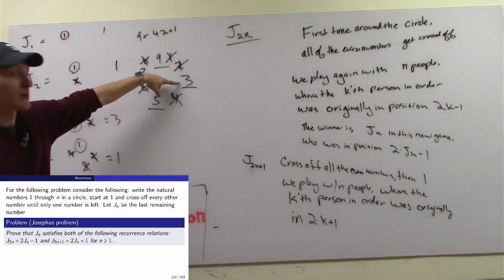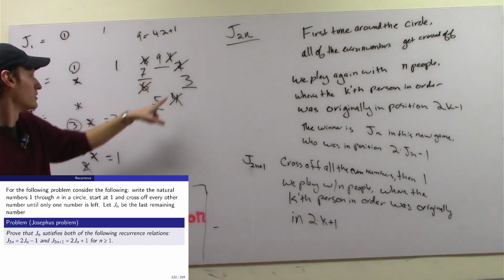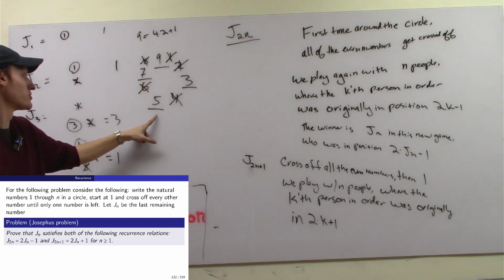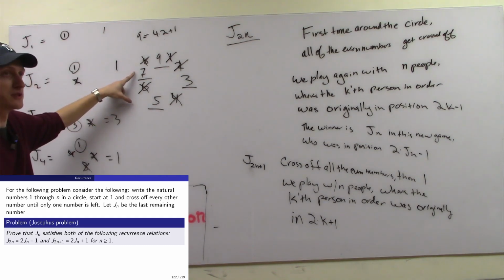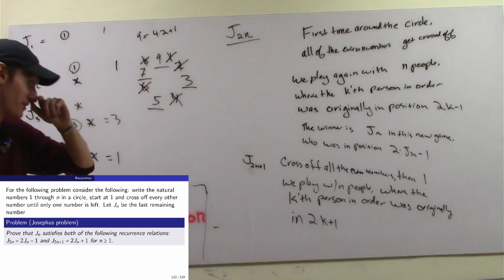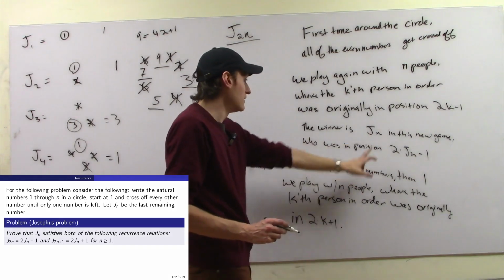This is my new first player; they were in position 2 times 1 plus 1. This is my new second player; they were in position 2 times 2 plus 1. This is my new third player; they were in position 2 times 3 plus 1. We don't have to go any more. So the winner is J sub n in this new game.